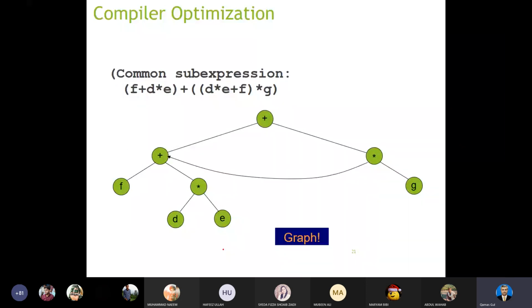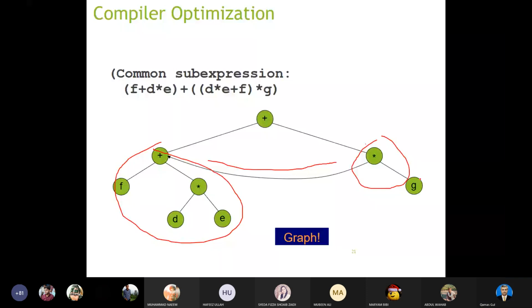You can see compiler optimization, common expression. So from here you have this common expression, and this will be giving its result to this section as well and to this section as well, and then it will be multiplied further with the operand g.